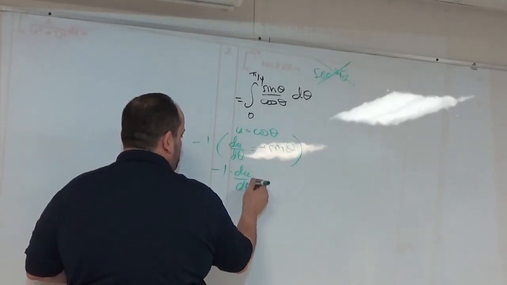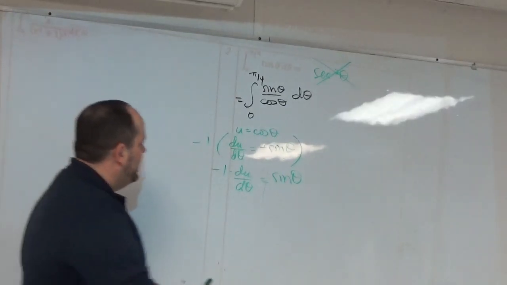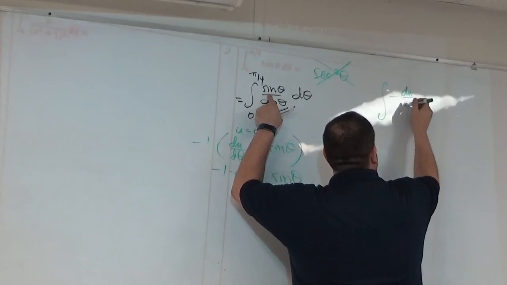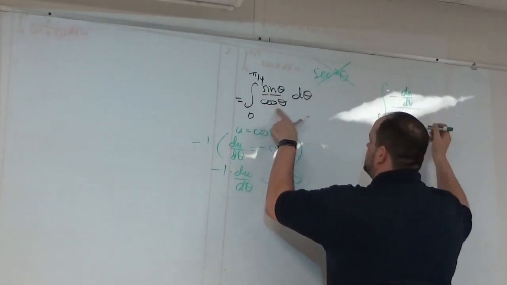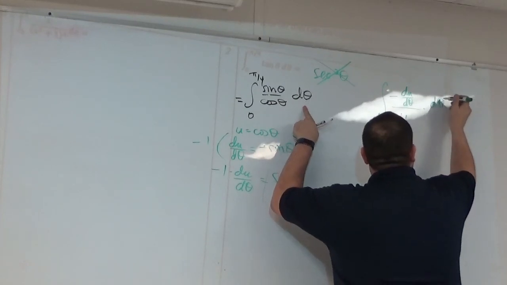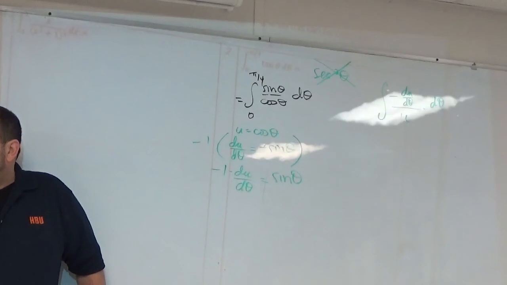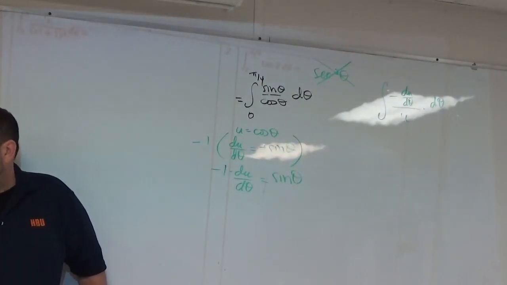So -1 du d theta is equal to sine theta. In your rewrite, rather than sine theta, you're going to write negative du d theta. The cosine of theta is the u, and the d theta stays d theta for right now.